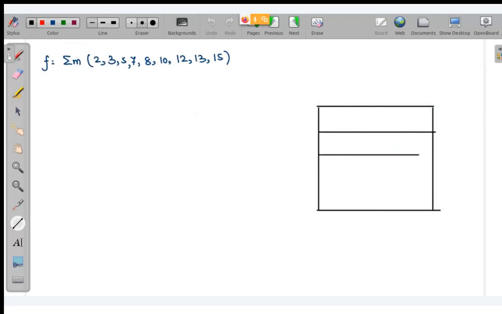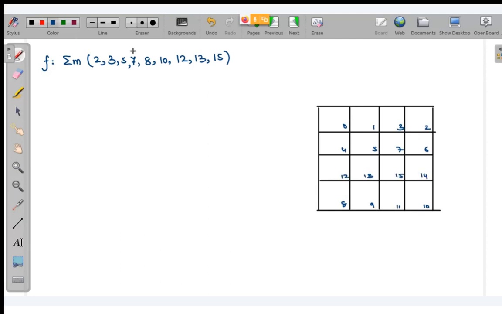Okay, so make one more Kmap. So 2, 3, 5, 7, 8, 10, 12, 13 and 15.